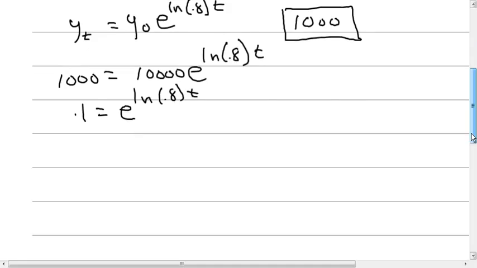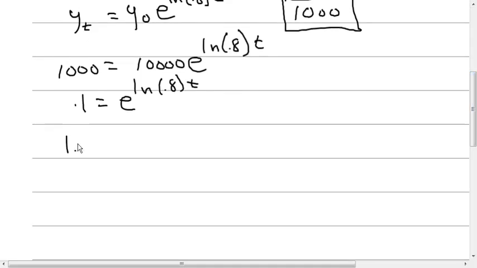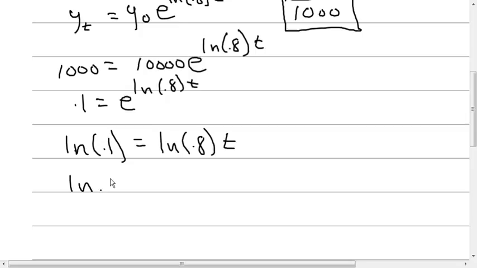Take the natural log of both sides, we get log of 0.1 is equal to log 0.8 t. Divide both sides by the log of 0.8, we get log of 0.1 divided by the log of 0.8 is equal to t.